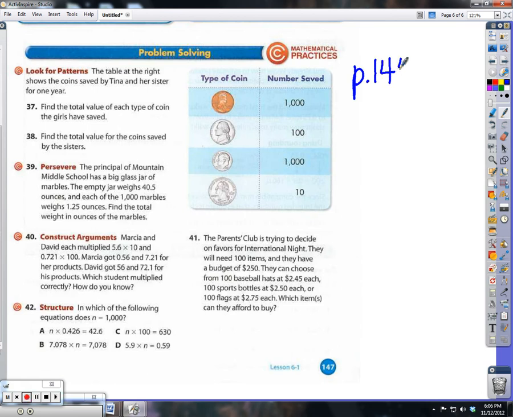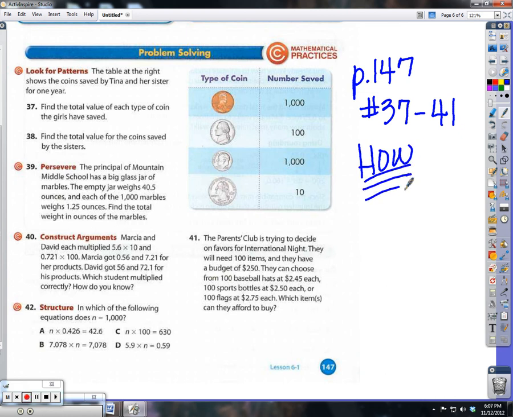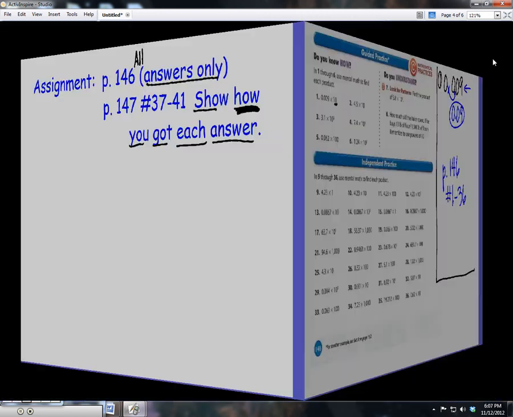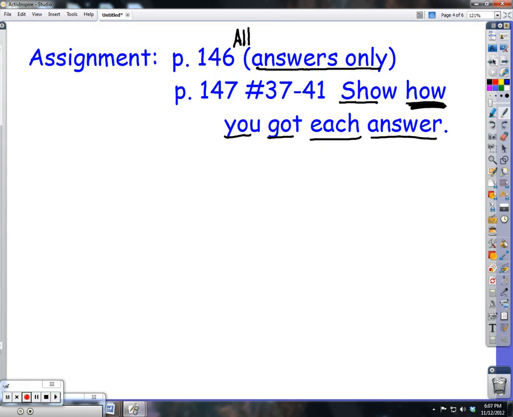On page 147, once again, you're doing all of these, numbers 37 through 41, but you show how you got each answer. Make sure you show how. Okay, so I'm going to put this back on the assignment page. And if you have any questions, your teacher will be more than happy, I'm sure, to help you out. Okay, I will see you later.